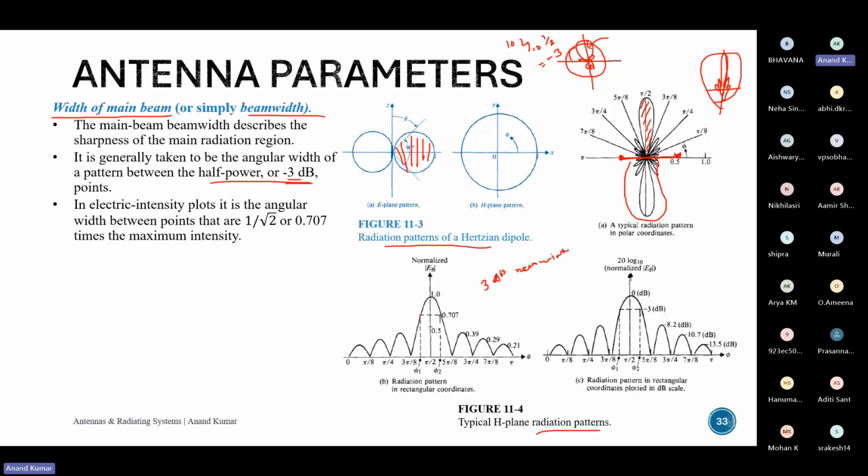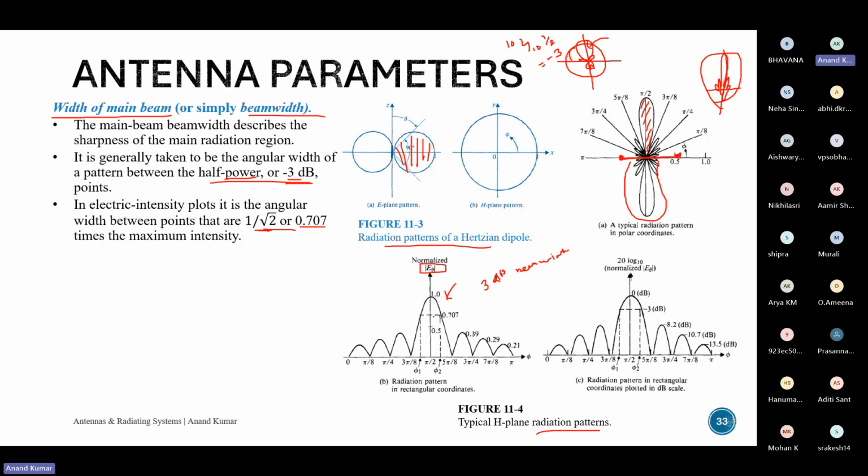So what we do is we draw this plot over here. 3 dB, or half power. One thing we must notice: what we are plotting over here is the electric field, but we are saying half power. Half power corresponds to 1 by root 2 times the value of the electric field, or 0.707.